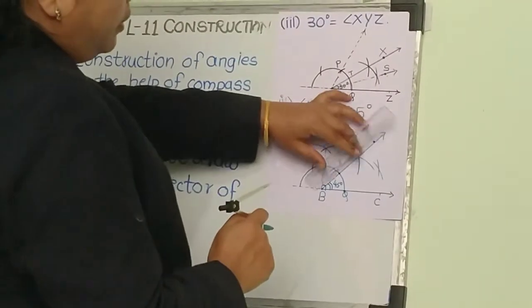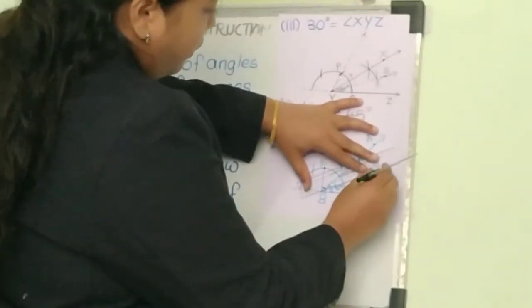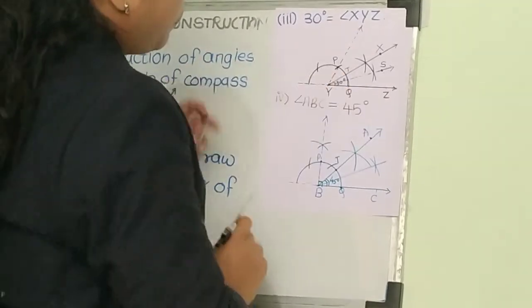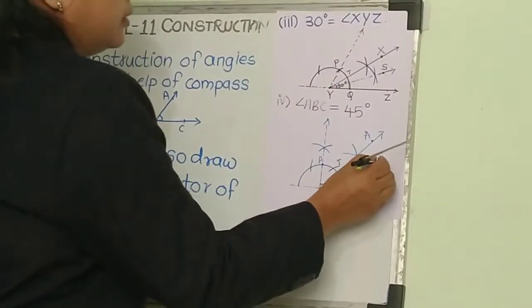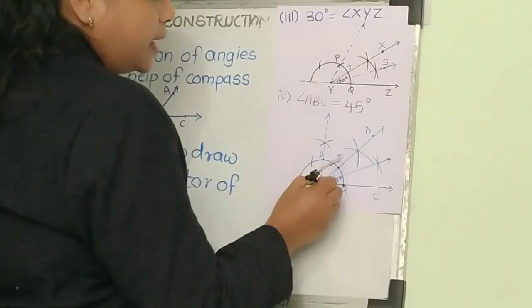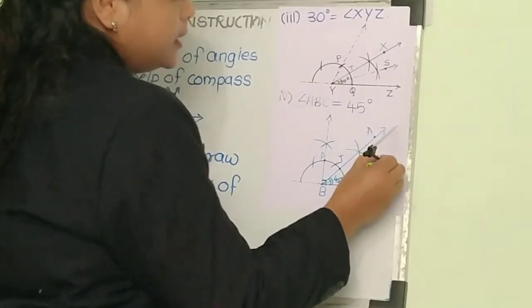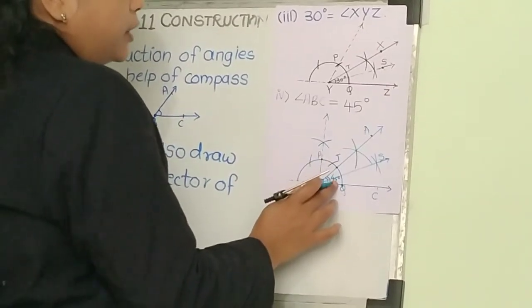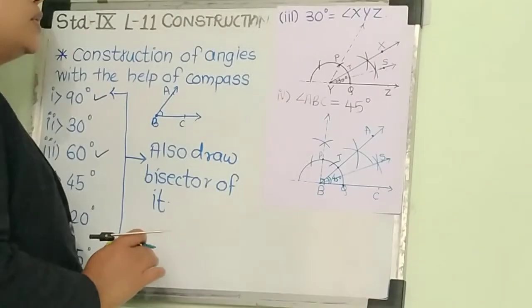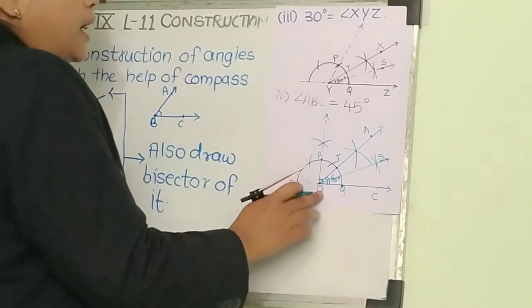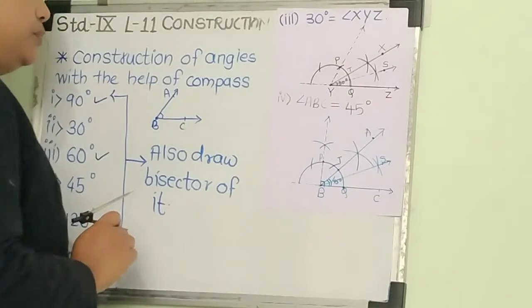And finally we have to draw that angle ray. So we can say that BS is the angle bisector of given angle 45 degree. So in this way we can draw the angle 45 degree and its bisector.